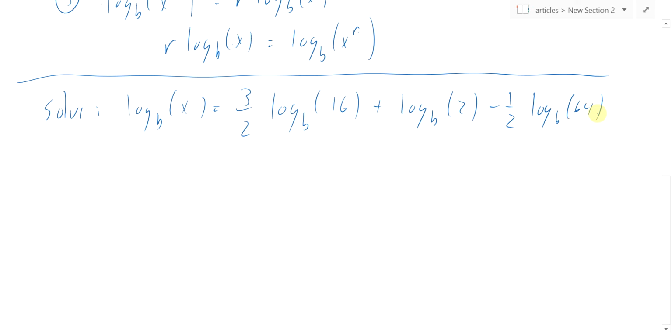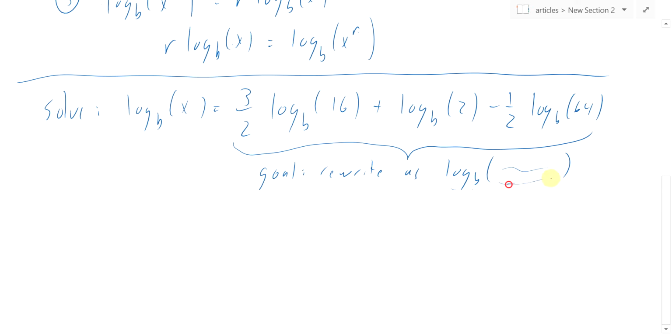So what is x? Well, the goal here is to take all this stuff and pull it together using our log rules into one logarithm. Right? So if I can rewrite all this as log base b of something or other, then whatever I end up with has got to be equal to my x.